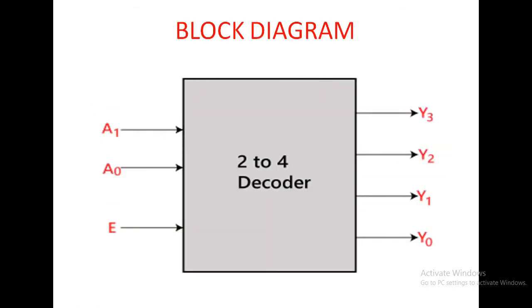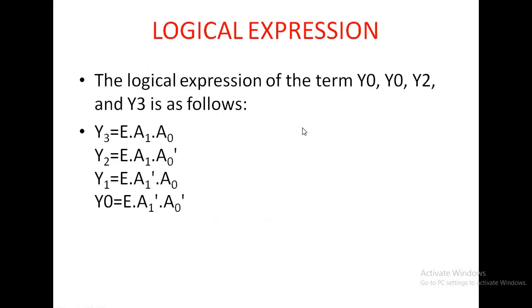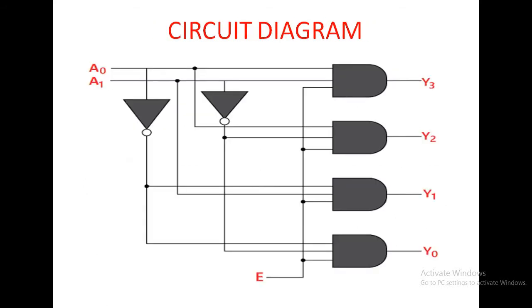Okay. So these are the 2 inputs and this is the enable line. These are the 4 output lines Y0, Y1, Y2 and Y3. And this is the truth table of the 2 to 4 decoder. These are the logical expressions and this is the circuit diagram. This much we have already discussed in the last class.